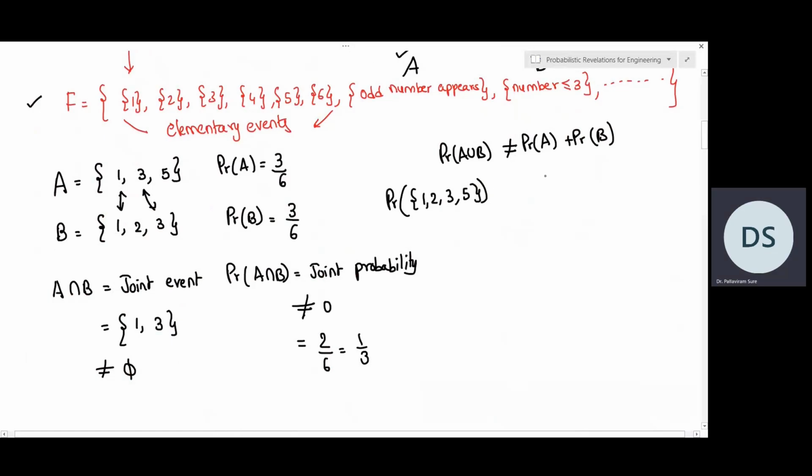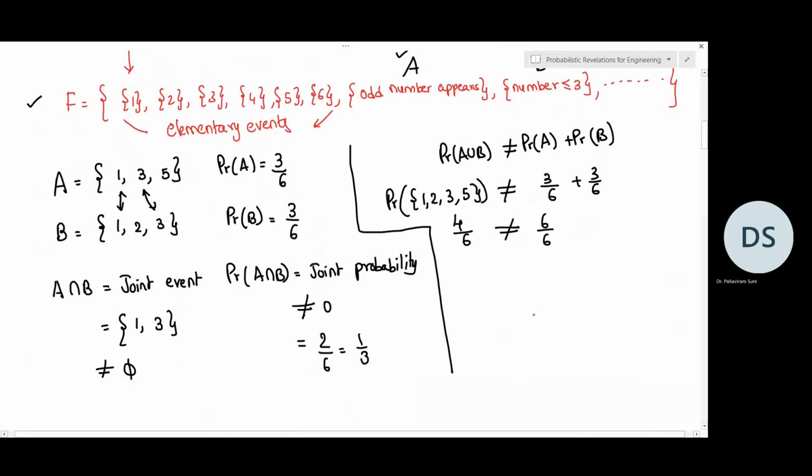And the probability of A we already computed as 3 by 6, and of B as 3 by 6. So this answer would be 6 by 6, but the union has 4 elementary events, so it is 4 by 6. So 4 by 6 is definitely not equal to 6 by 6. Then what should be the answer for the probability of A union B if it is not this?